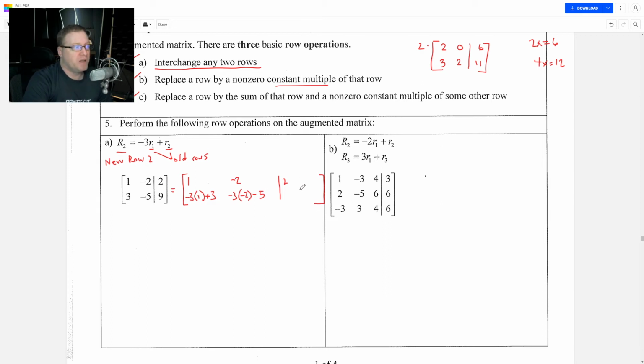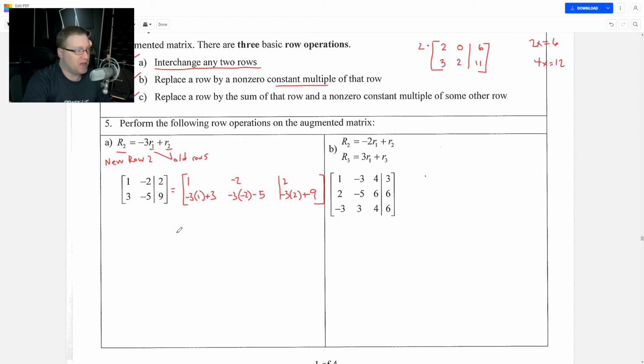Okay? And then our final one right here, again, we're going to say -3 times our old first row, which is 2, plus our old second row, which is 9.